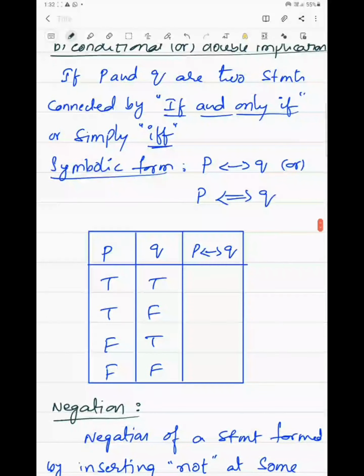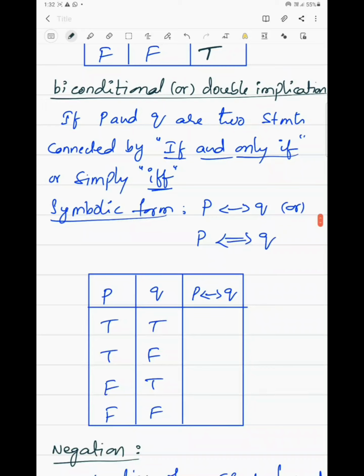Next, biconditional or double implication. If two statements are combined with the words if and only if, or simply IFF, the symbolic form is P, double implication, Q. Implies and implied is called a biconditional statement or double implication.